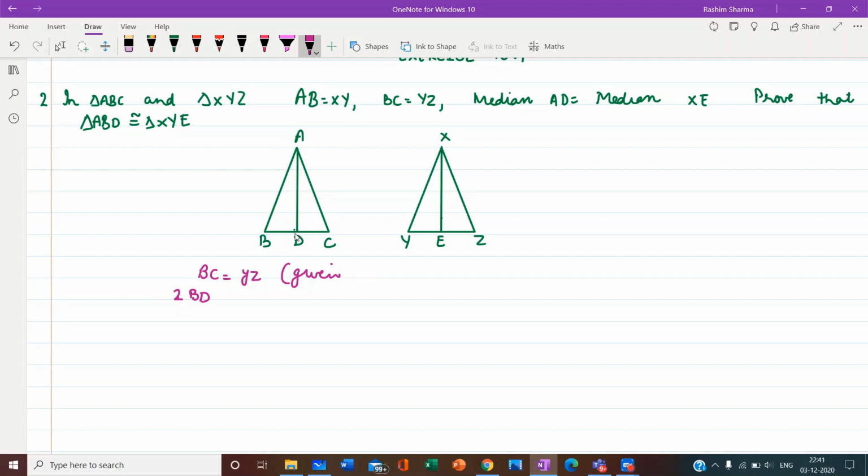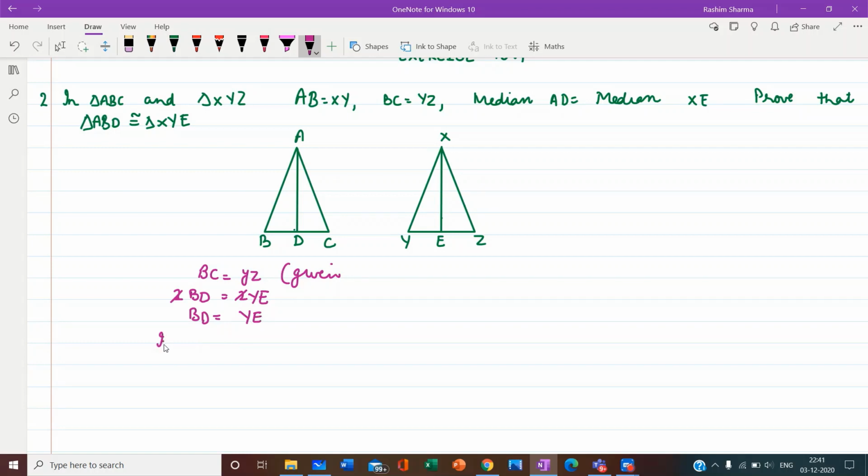It means D is the midpoint. If D is the midpoint, BC is divided into two equal parts, BD and CD. So we can write BC as 2BD, and in the same way in the other triangle, YZ can be written as twice YE. Now if we cancel 2 from both sides, we have BD equal to YE.